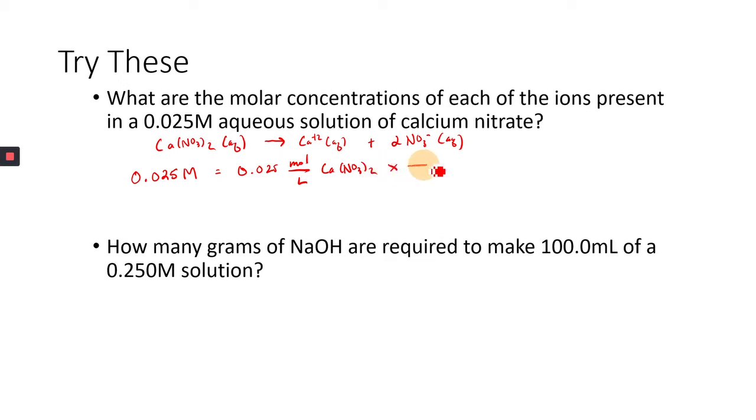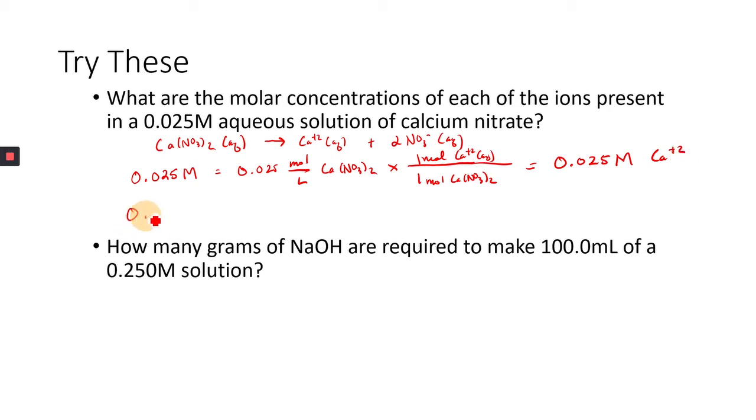So what is the mole ratio for calcium nitrate? If I had 1 mole of calcium nitrate, then I am producing 1 mole of calcium ions from my balanced equation. So then when I calculate it, the concentration of my calcium ion would be 0.025 molar calcium ion.